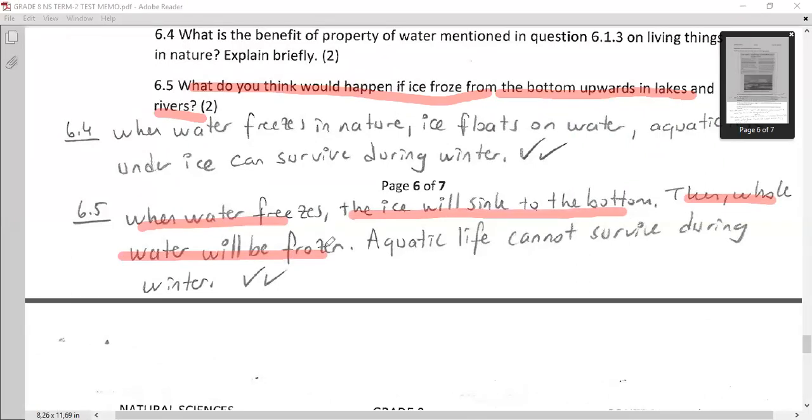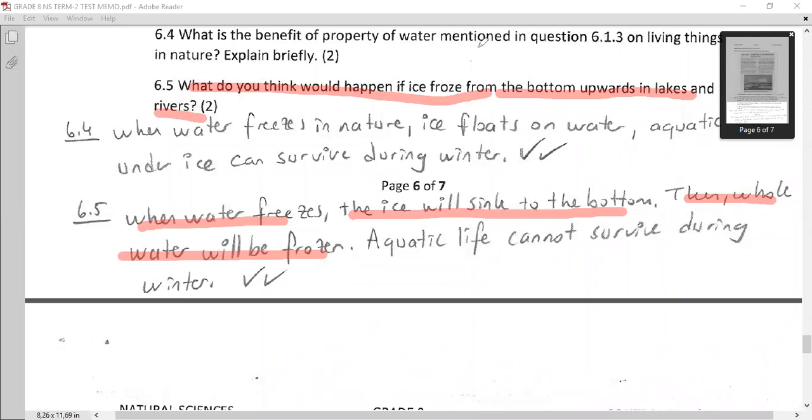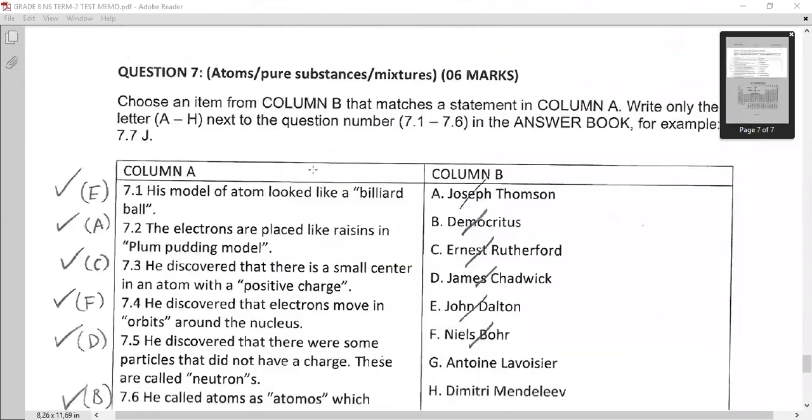So if you write anything similar to this, like the whole lake and the river will start getting frozen and the aquatic life can die because they get frozen, what you can write for this: they cannot survive very cold temperatures. So they survive at what temperature? Positive 4 degrees Celsius.